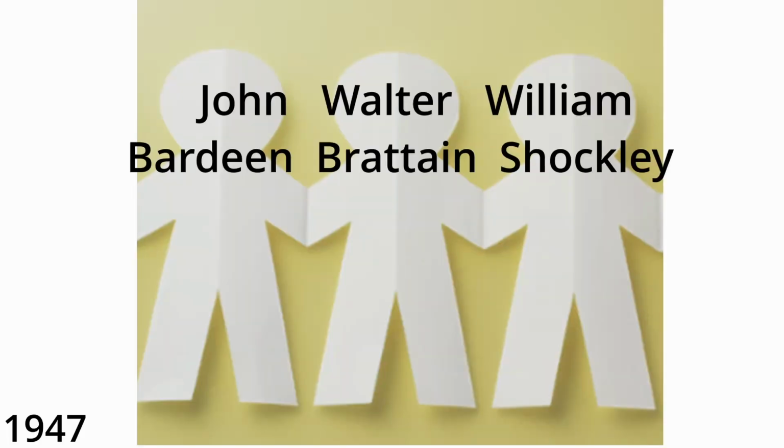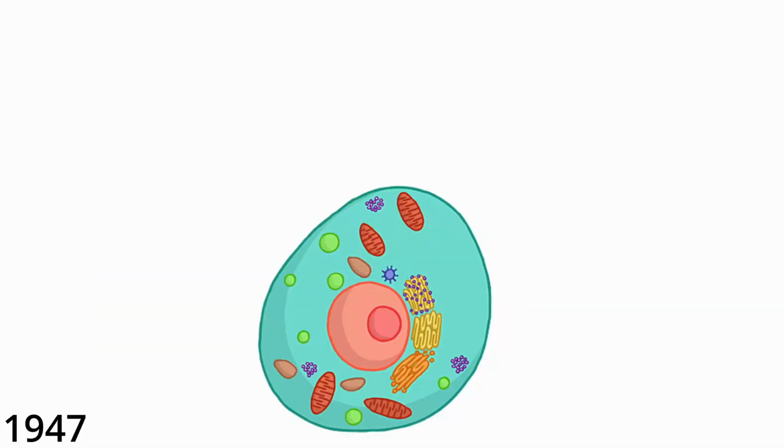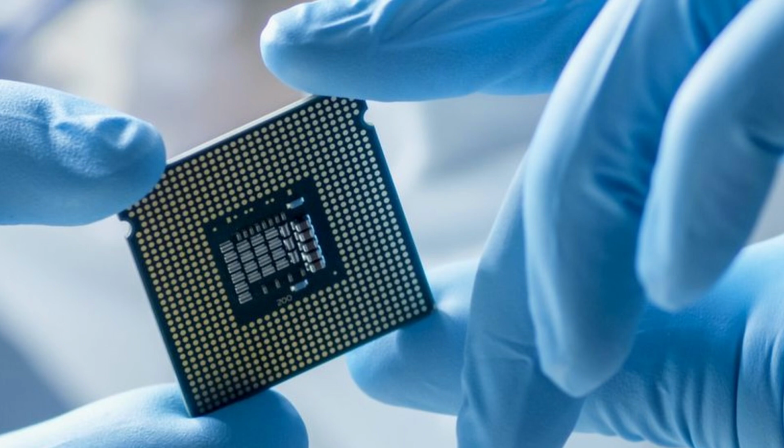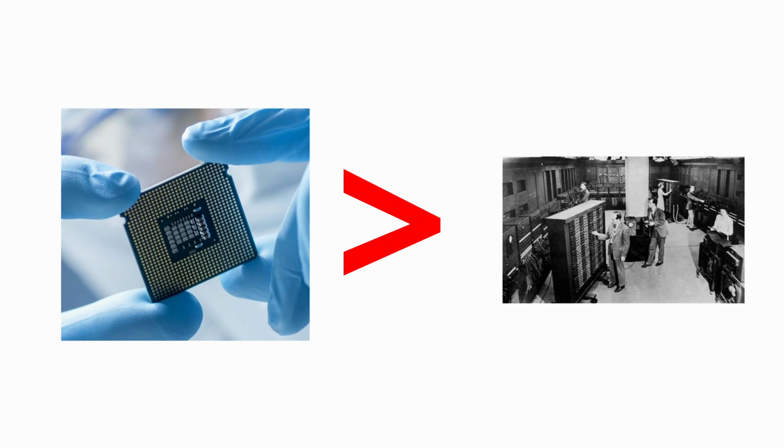In 1947, 3 guys made the transistor, which was the major game changer because it allowed us to have microchips, which are very compact and can do more than the ENIAC, which takes up such a big amount of surface area and space and volume, because the transistor is made up of silicon.